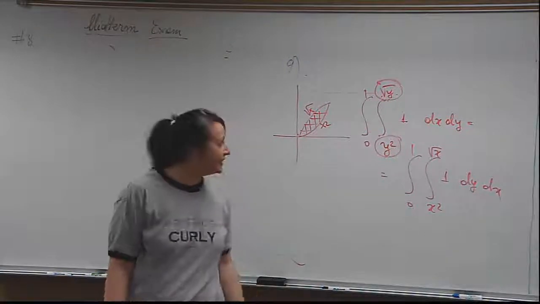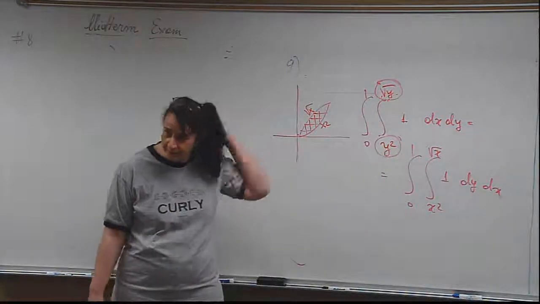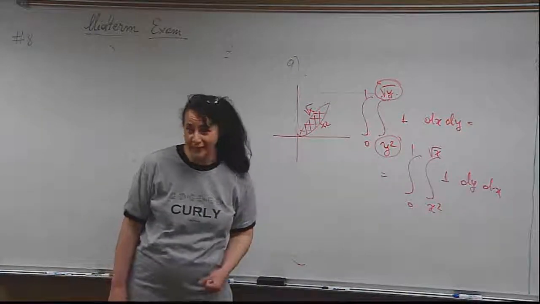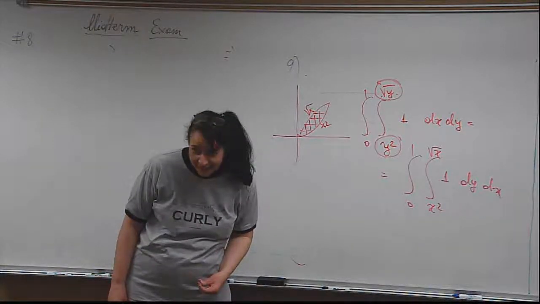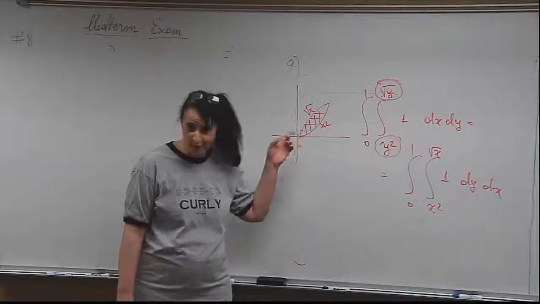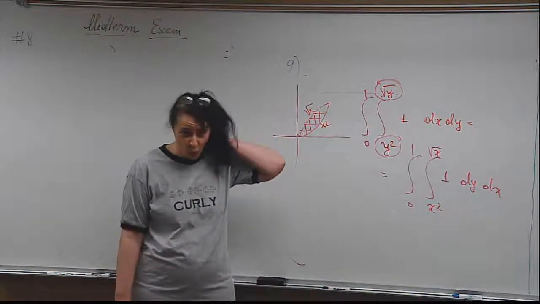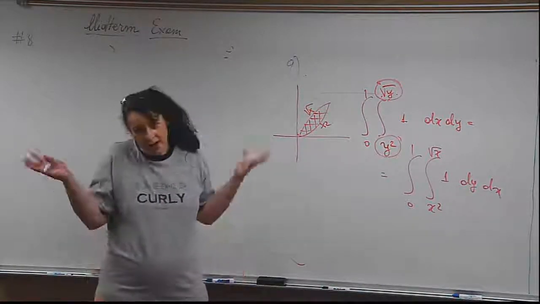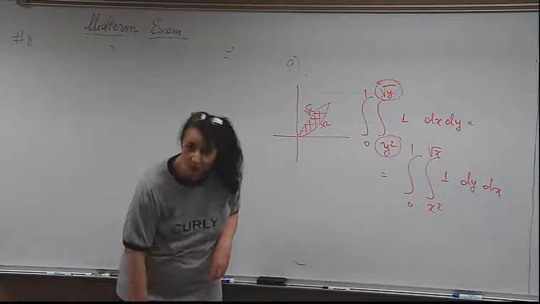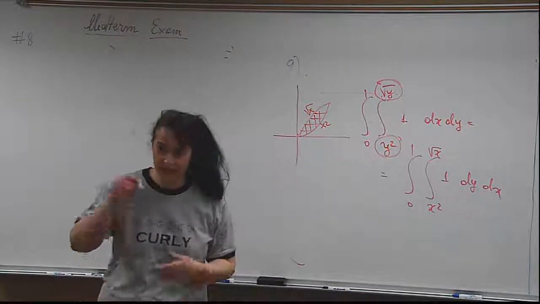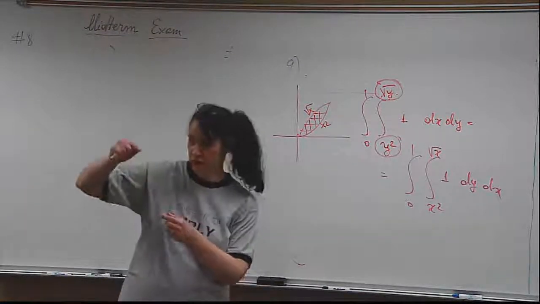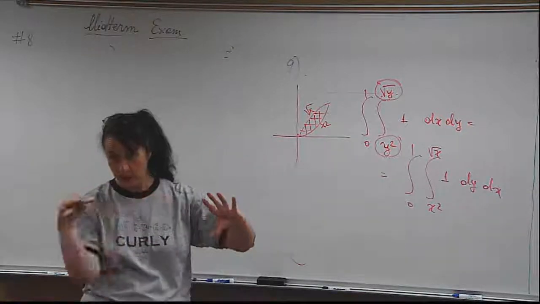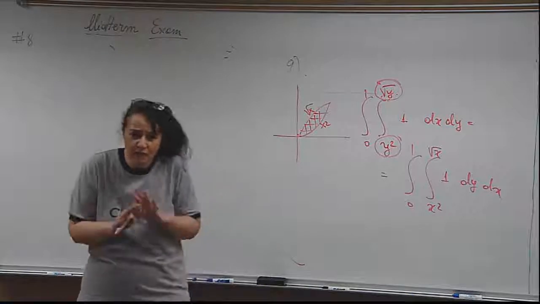So I said, guys, can you do it? I don't know. I said, do you draw? Why would we draw? They didn't teach us how to draw. I said, but how do you know about vertical strips and horizontal strips? No. And how do you do this? We don't know. We thought we had to figure it out. Without drawing, without understanding how the vertical strips are drawn between 2 functions and how you switch to the horizontal strips, you cannot do this problem, period.